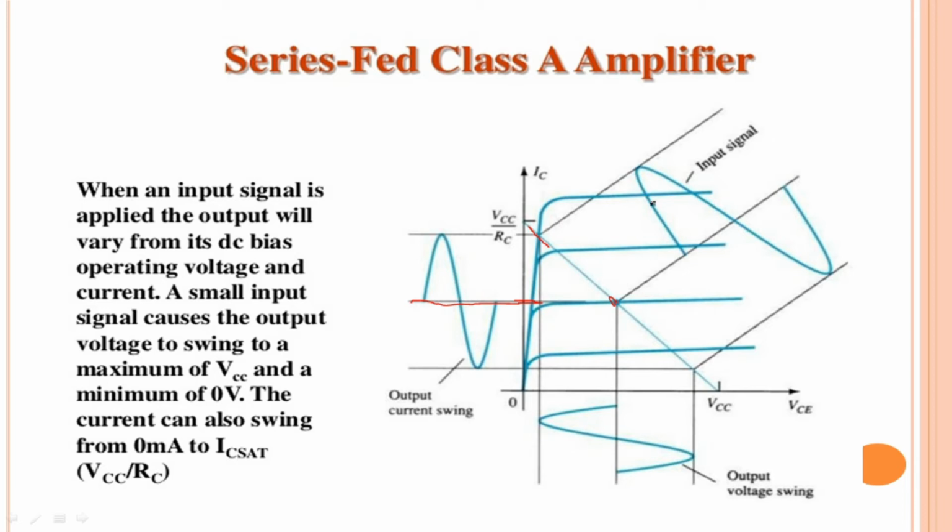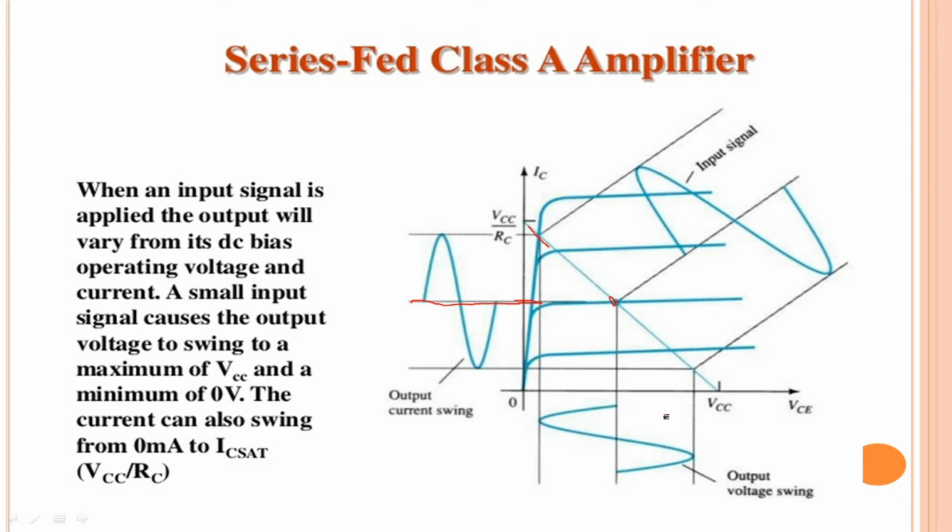For a small base current, a very large collector current flows. For the positive half cycle of the base current we get the positive half cycle of collector current, and for the negative half cycle of base current we get the negative half cycle of collector current.